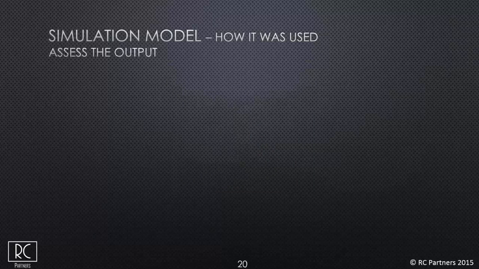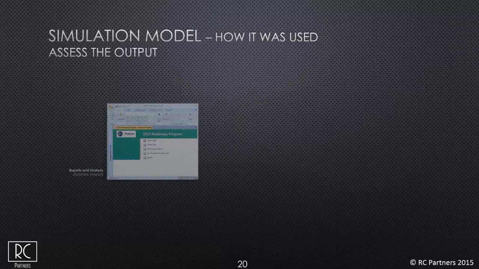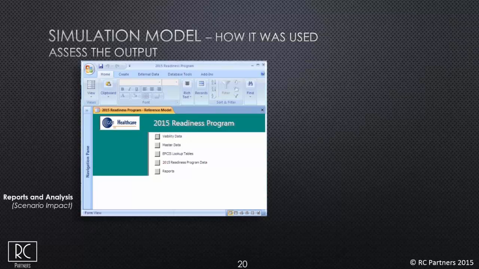And then we would assess the output of that simulation. And how we did that is an interesting piece, I think, from a technical standpoint. Not only were we able to alter the behavior of the simulation by pushing data into the simulation at the start, but at the end of the simulation, or actually in real time as the simulation was running, it was generating data, and we were pushing that data out to a Microsoft Access database.